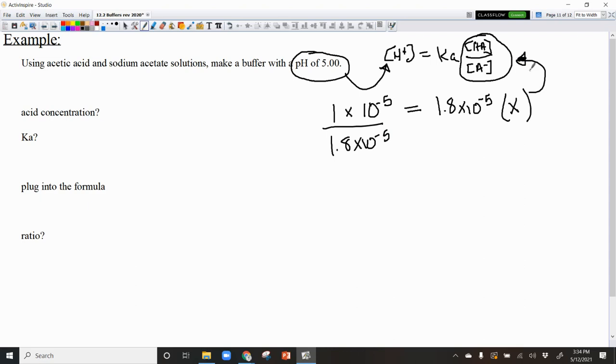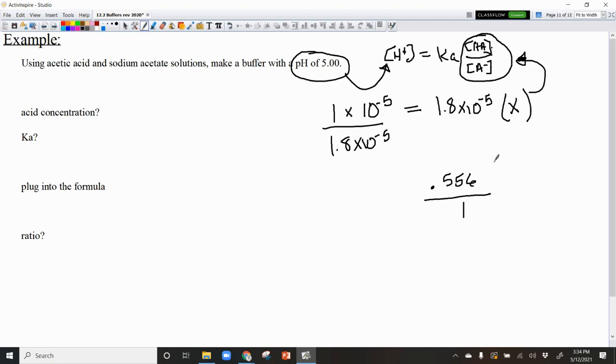Okay, so 1 times 10 to the negative 5th divided by 1.8 times 10 to the negative 5th. And we get a ratio of 0.556. Okay, so what's the best way to make this a fraction? Because this is a fraction, put it over 1. So what does this tell us?